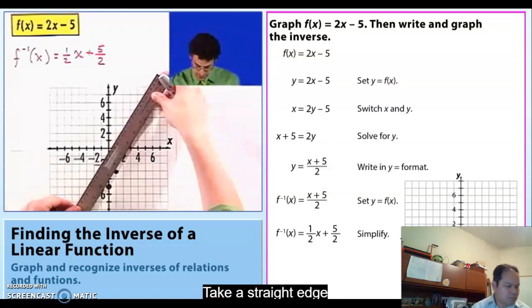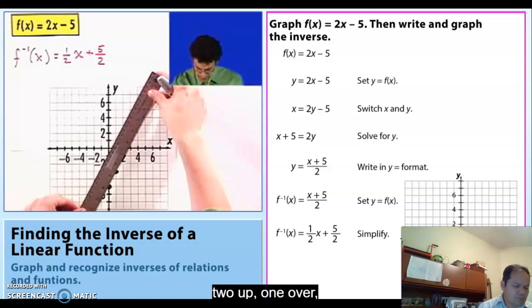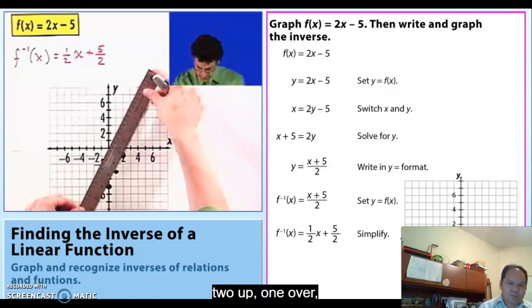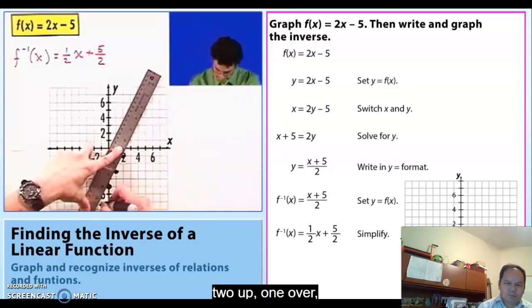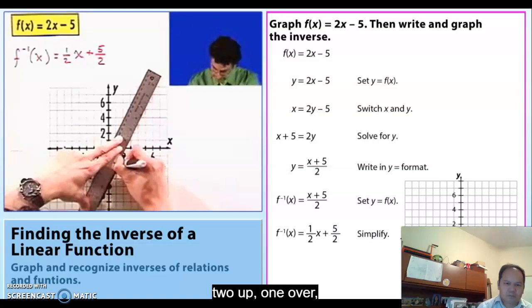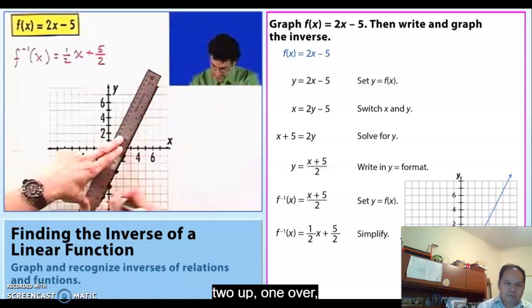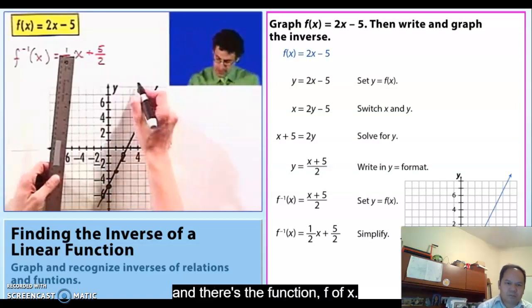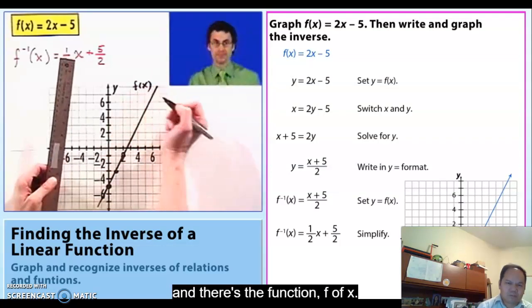Take a straight edge. And there's the function f of x.